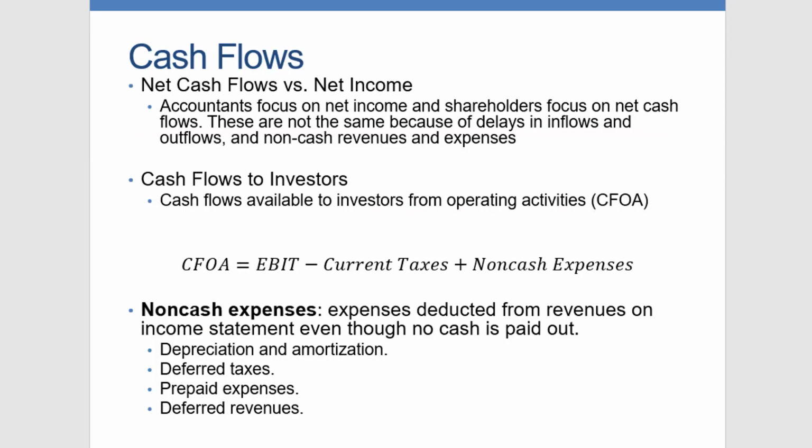Okay, so I've said it a couple times now, but it's important to notice the difference when we're looking at those accounting numbers versus those cash flow numbers. Accountants tend to focus on net income and shareholders focus on net cash flows.